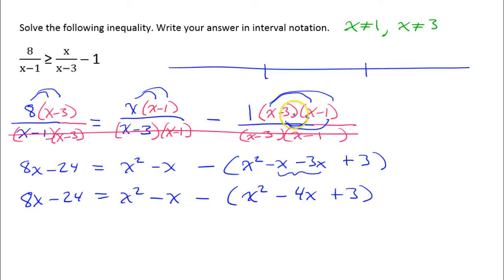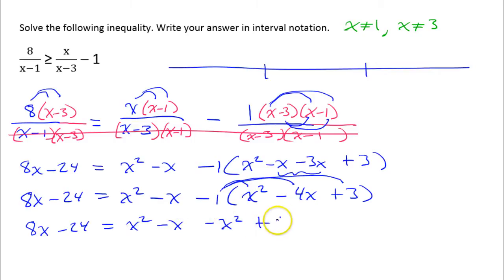I would need to multiply these, keep it in parentheses, until you can then distribute. So now I'm going to take this negative 1 and distribute it throughout. So this is going to give me minus x squared plus 4x minus 3, just changing all the signs here.